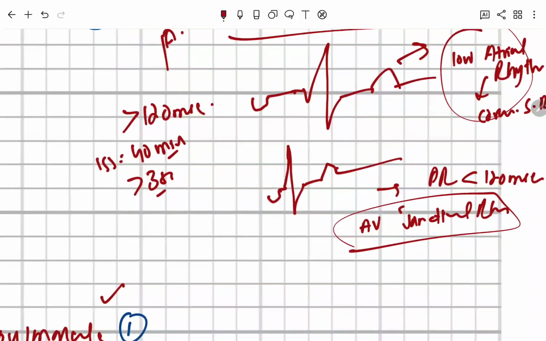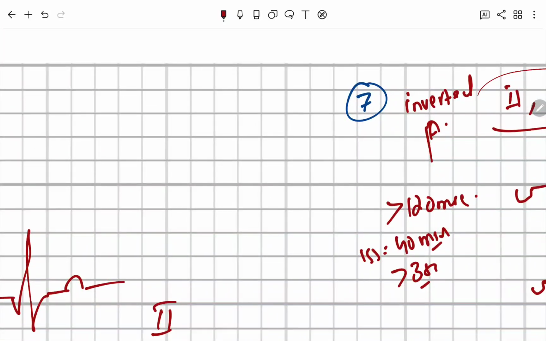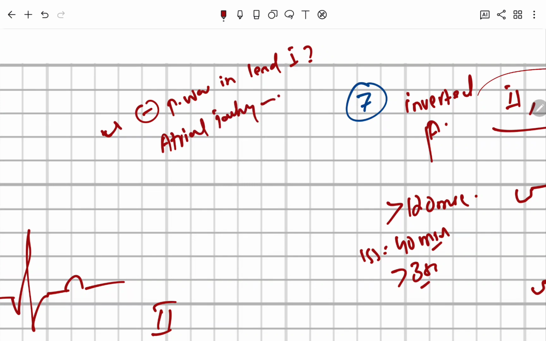I think that's enough for today. In the next video I'm going to talk about the following conditions. What if we find a negative P wave in lead 1, which is atrial tachycardia; the second condition, and the third one will be atrial flutter.